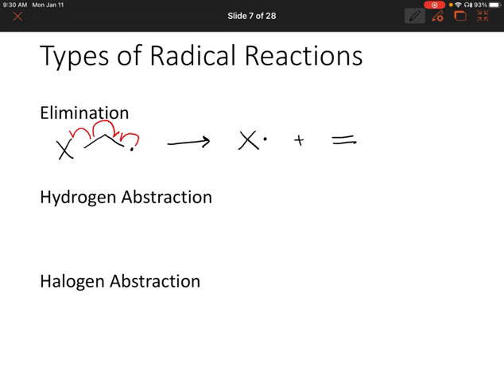All right, the next one is hydrogen abstraction. So we could have some sort of halogen here, and then let's say we have an alkyl group with a hydrogen on it.